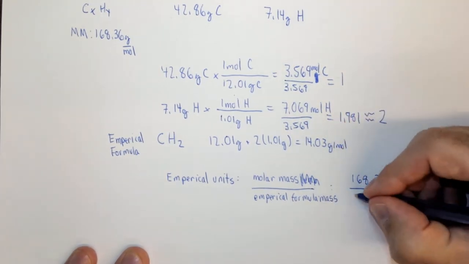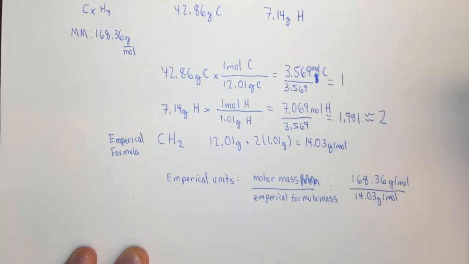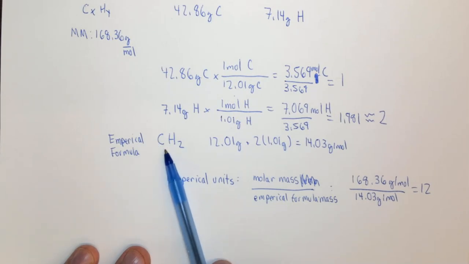So we put that on the bottom, 14.03 grams per mole. And when you do this math, you find that this ratio is 12. Well, if the empirical units are 12, it means we have 12 CH2s.